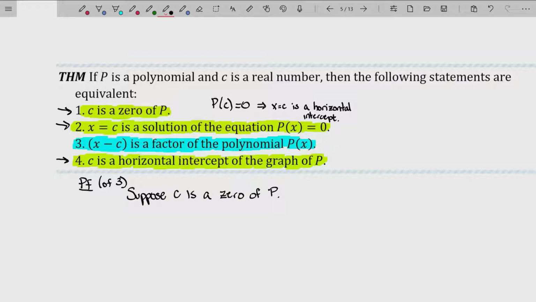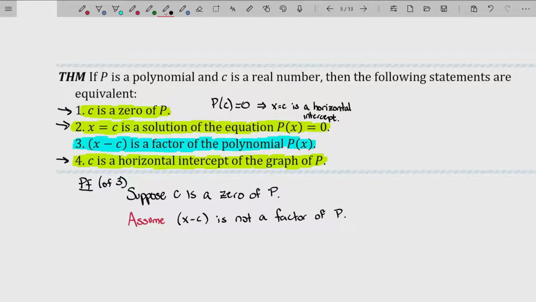Now, also, let's go ahead and assume, I'm going to write that word assume in red because that's what I'm going to say breaks here. Assume that x minus c is not a factor of p. So suppose that that's just not a factor of p.